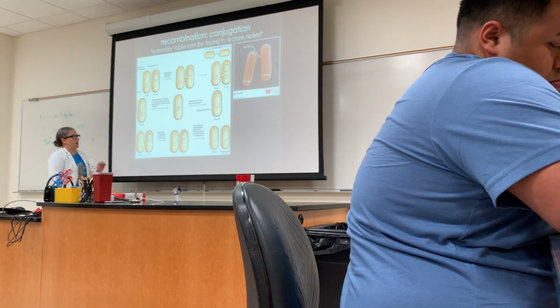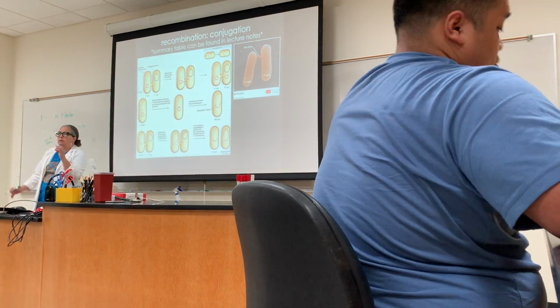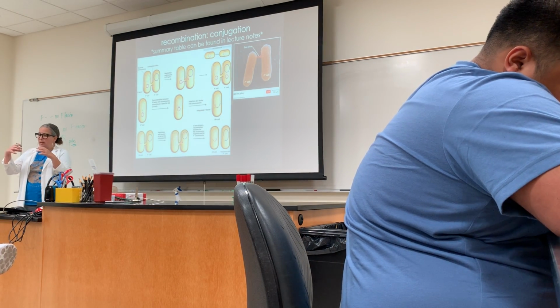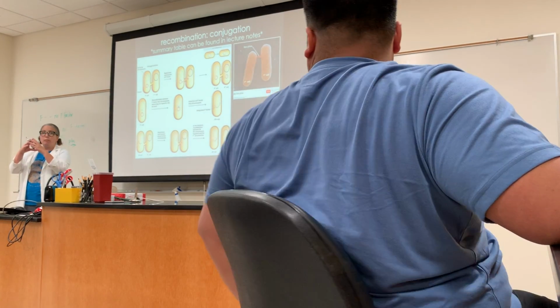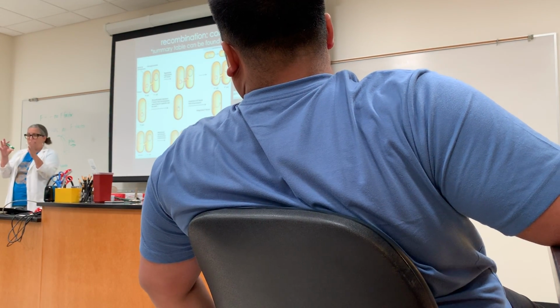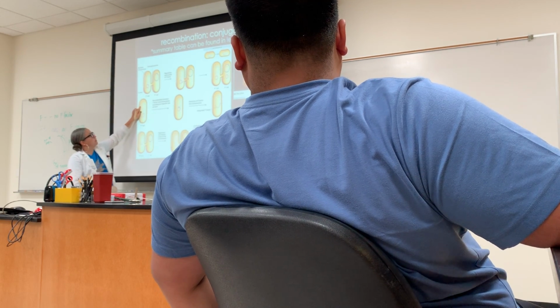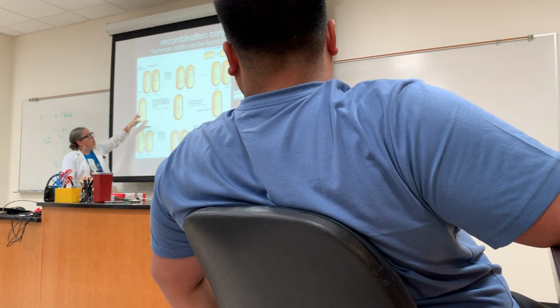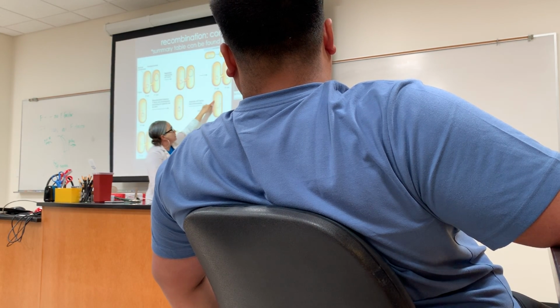So sometimes an F plus cell will, the plasmid, the F factor will get up close to the chromosome and actually cut the chromosome and open it up and become part of the chromosome. So notice here, right, the F factor is kind of in this pink color. The chromosome is in this light purple. Notice they connect and it becomes part of the chromosome.